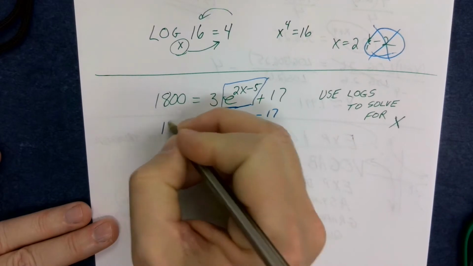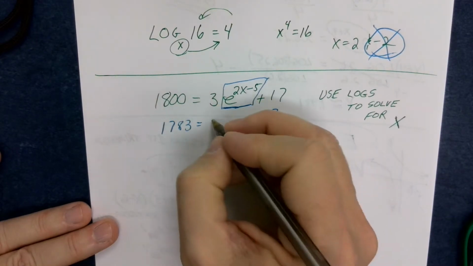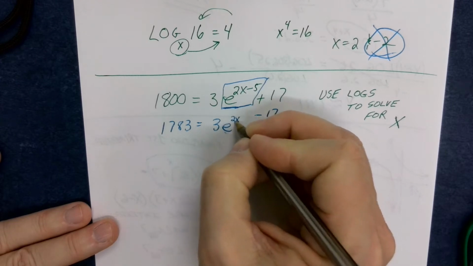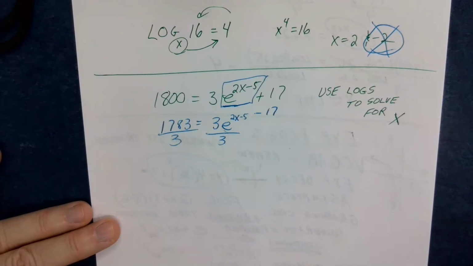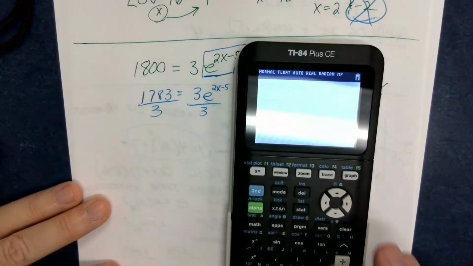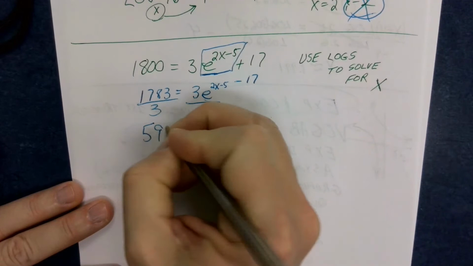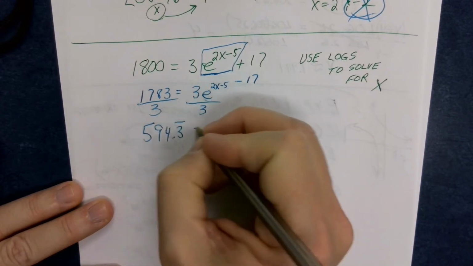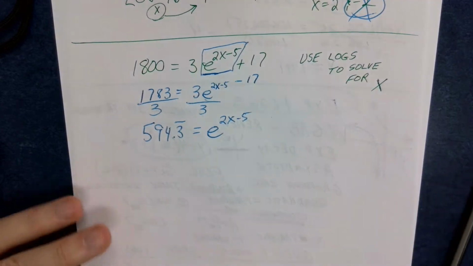So then I'll get 1,783 equals 3e to the 2x minus 5. Divide by 3, divide by 3. Pull out my handy dandy calculator. 1783 divided by 3 is 594 and a third. 594.3 repeating equals e to the 2x minus 5.